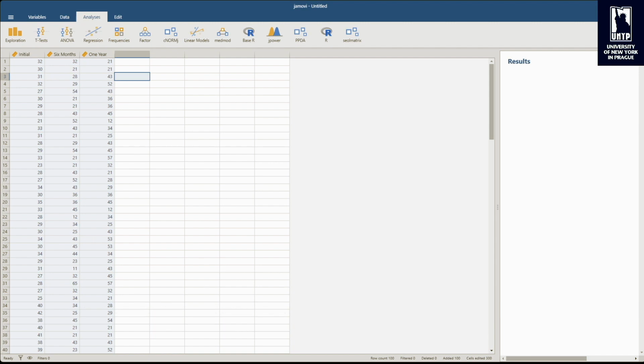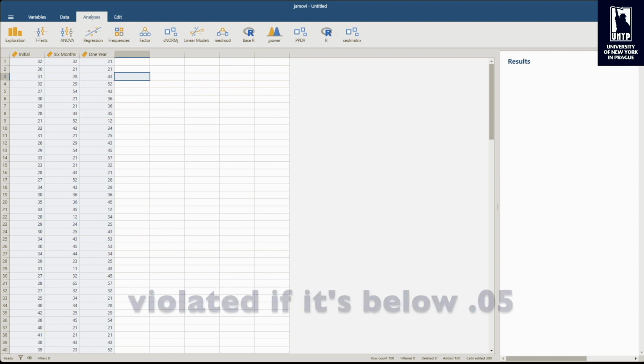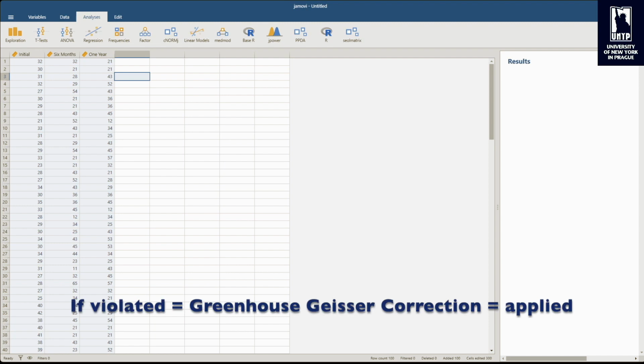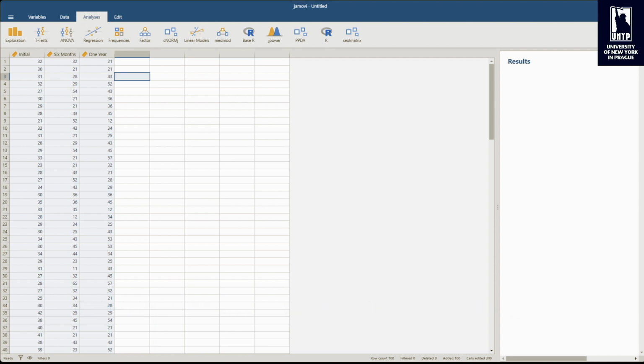Consider this the same as Levene's and Shapiro-Wilk, meaning it is violated if it's below 0.05 and it is respected if it is above 0.05. If this assumption is violated, we apply what is called the Greenhouse-Geisser correction to accurately interpret our results. Well, I wish we could apply this correction even to our ozone right now, but alas, we cannot.